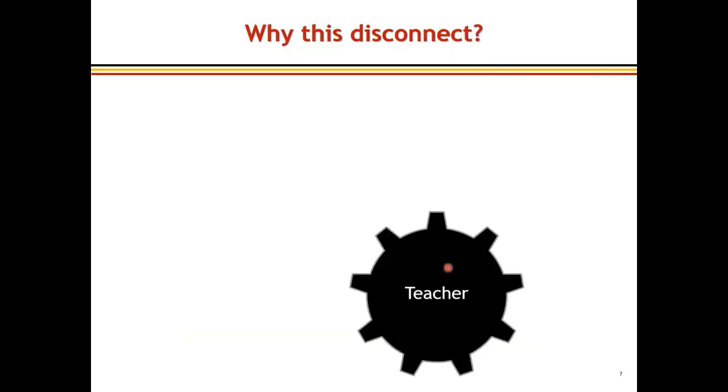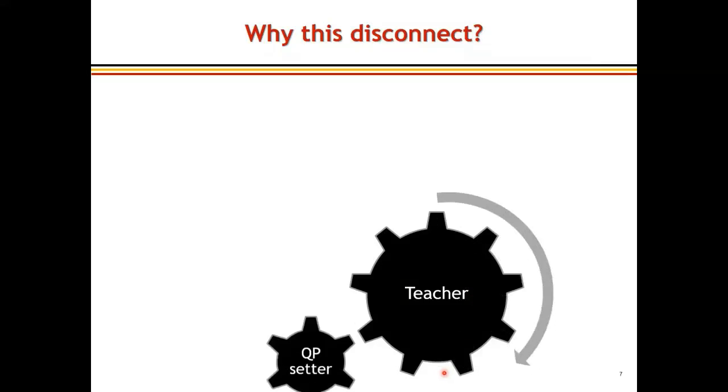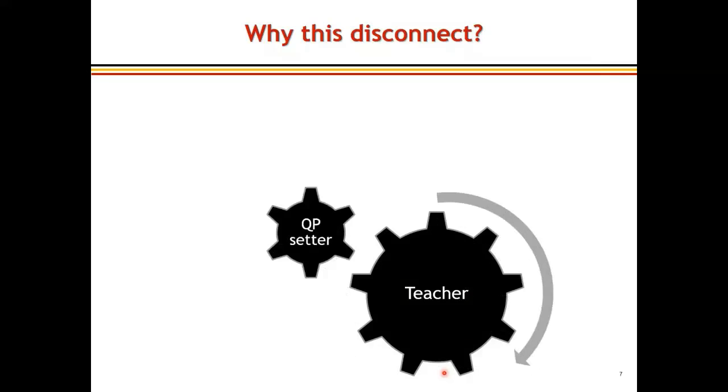Now, why does this disconnect happen? The disconnect happens because in our setup, when we teach or facilitate learning, the teacher has a certain mindset, or the way they teach is different. They put emphasis on different subjects. Subsequently, the question paper is usually set by a person who is outside the university. Their mindset is different. They have a different perception about which questions are important and what should be given importance.